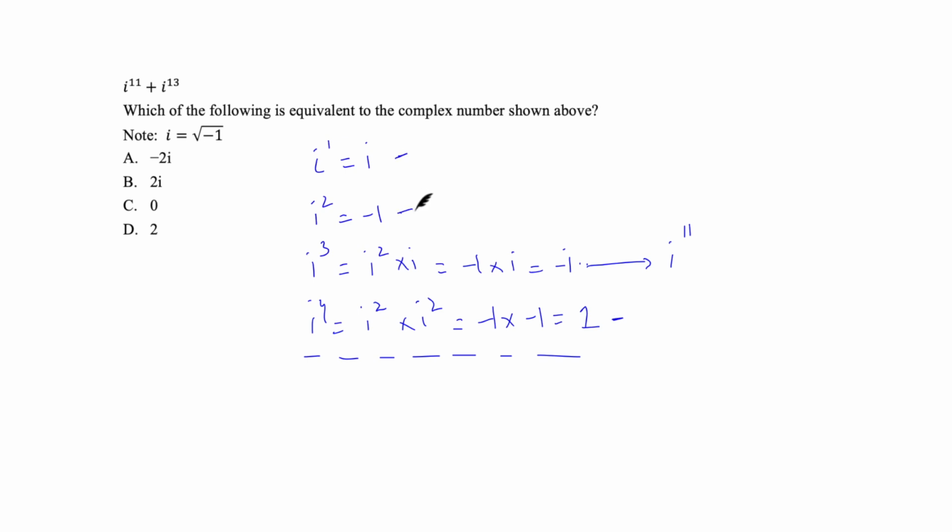If it is 2, then this, 3, then this. Okay, this is i raised to power 11. This will be i raised to power 12 and this will be i raised to power 13. So i raised to power 11 is minus i, and then we have plus i. Minus i plus i is basically 0. So the answer is 0, which is option choice C.